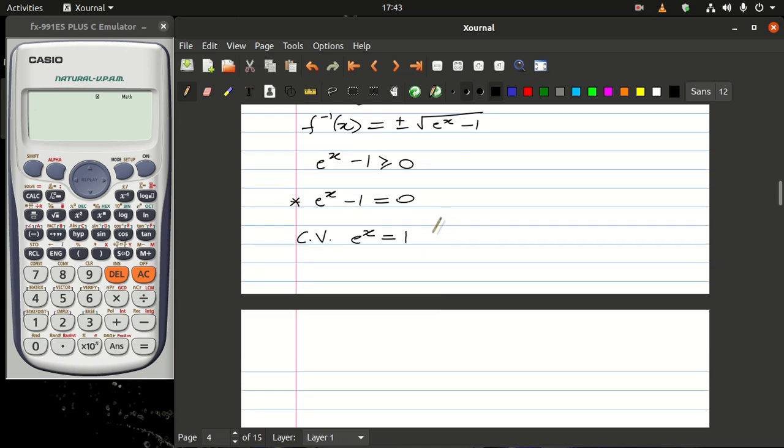And if you are looking at this in an exponential form, and I'm solving for x here, I will end up having x is equal to log base e of 1. So the log base e of 1 will give me the value of x. There are two ways to look into this.